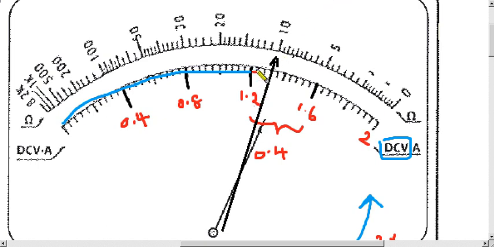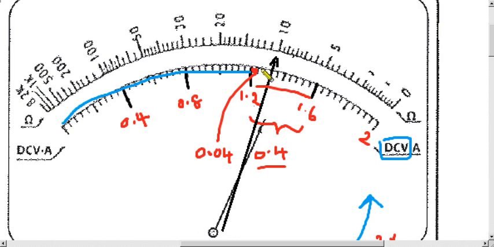You have to find what is the value of this smaller one. Totally there are 10 and the total length is 0.4, then you have to divide it by 10. If there are 5 parts like this, you have to divide it by 5. The total length you have to divide by the number of parts. So here in this case, this smaller one is 0.04 because this one is divided by 10.